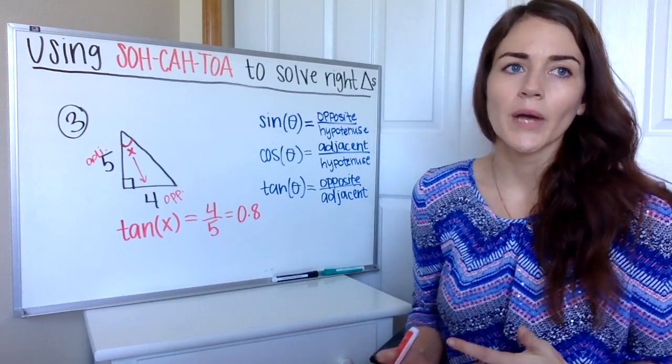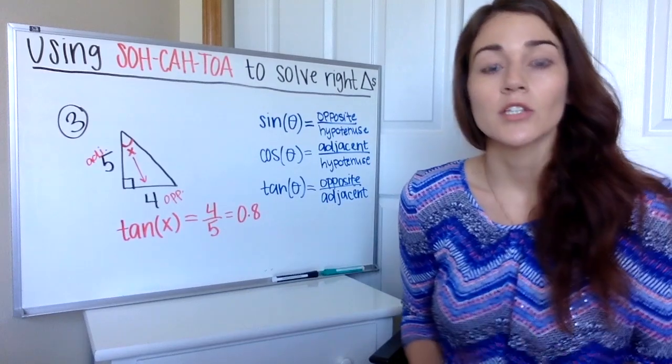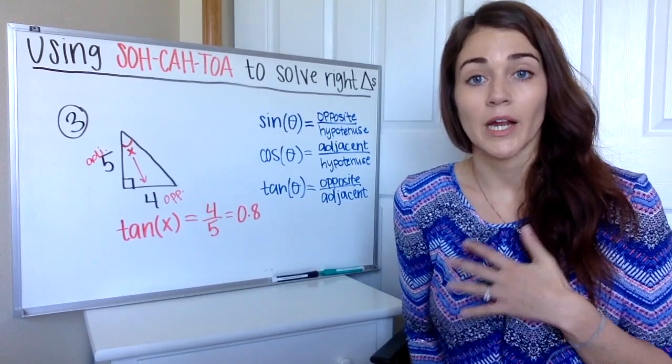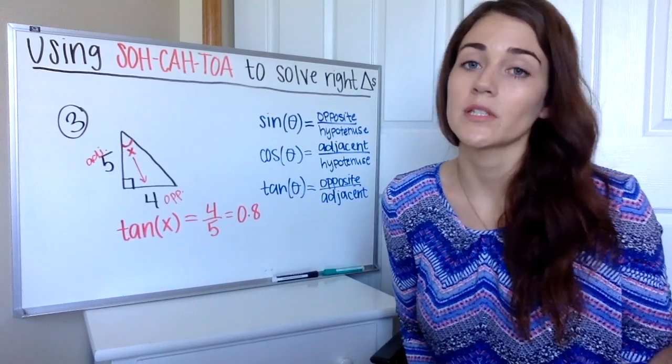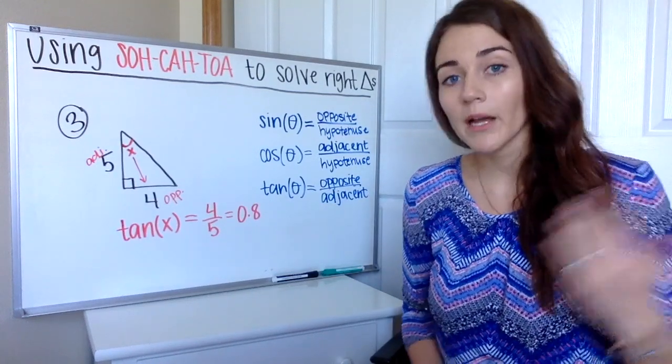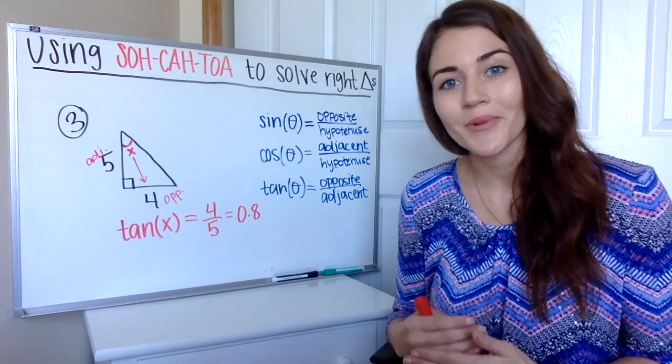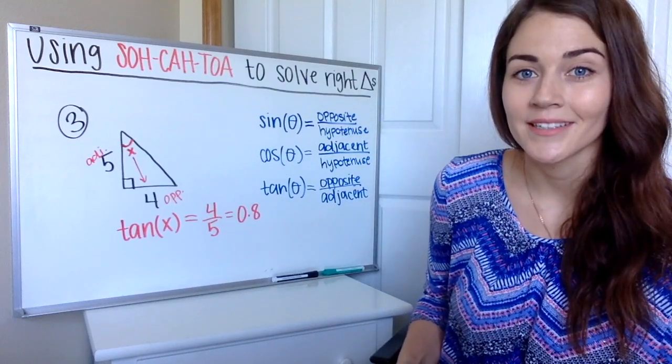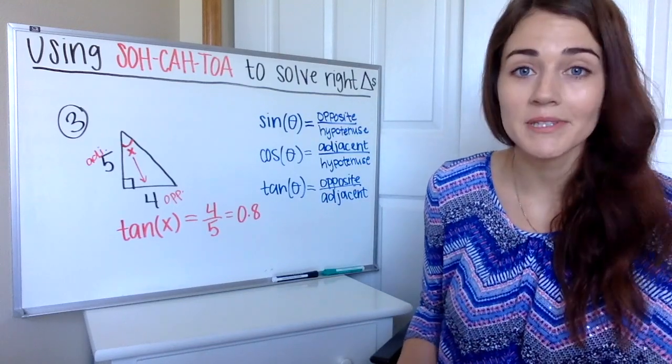Okay, so if you think about when we're solving equations, to solve, we do the opposite, right? If we have plus 3, to get rid of it, we subtract 3. If we have times 12, to get rid of it, we divide by 12. So how do we get rid of tangent, or sine, or cosine?